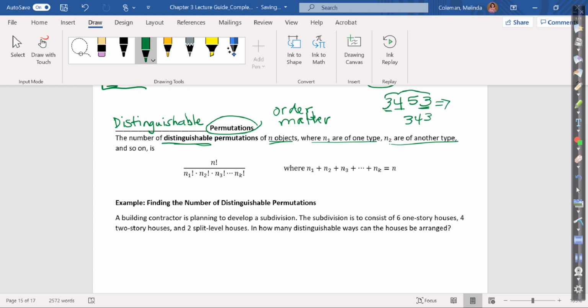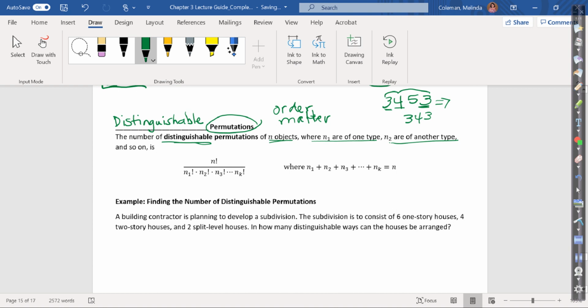So they look the same. And if they look the same, then they're not distinguishable. So we want ones that look different. So when we have repetition here, and the 3's repeat, that's where this part comes in. These are repeated values.